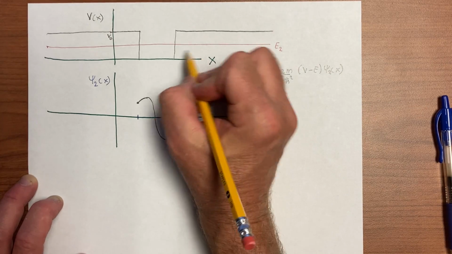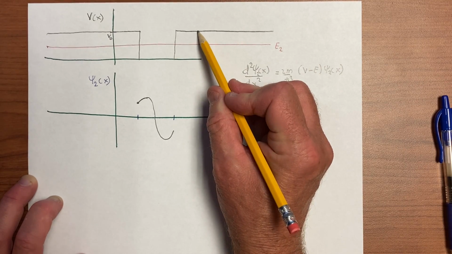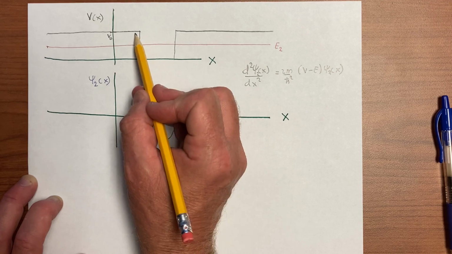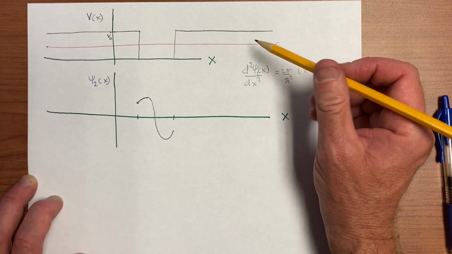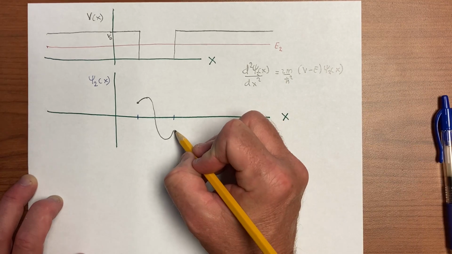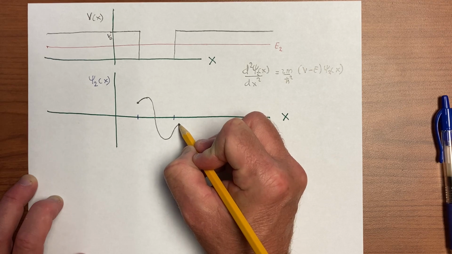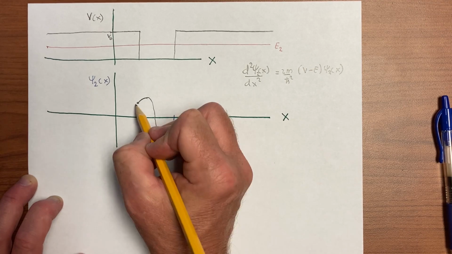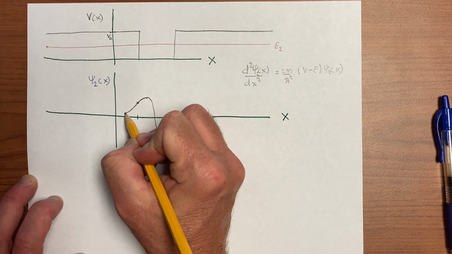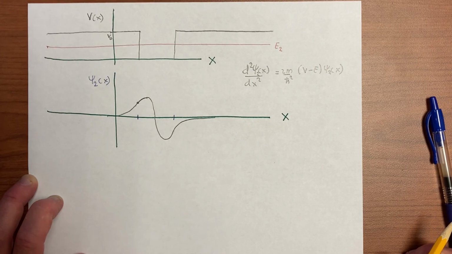And then outside of this region, V jumps up to V naught, and the same thing is true over here. And so we have a difference, V naught minus E, that's positive, and so we have to choose the exponential decay solution, and so out there we'll do something like that. We'll do the same thing there, roughly, and that looks fairly symmetric.